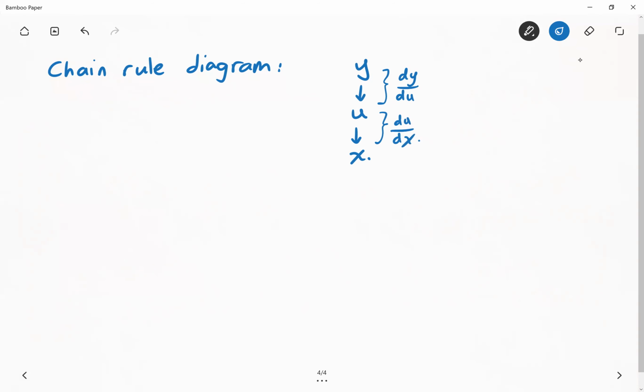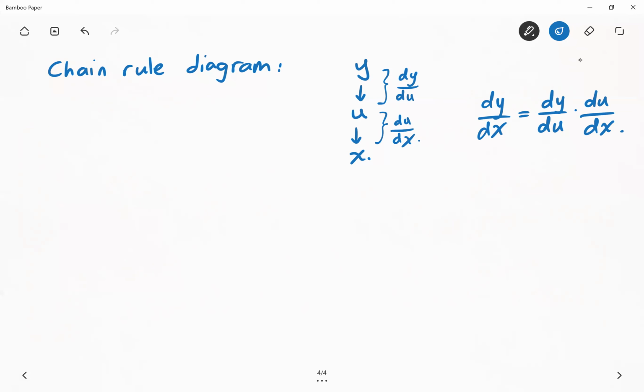And these multiply together to give us the total change. So dy dx is equal to dy du, or df du, if you prefer, times du dx.